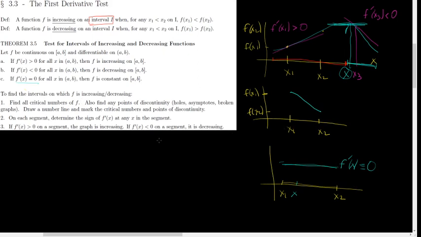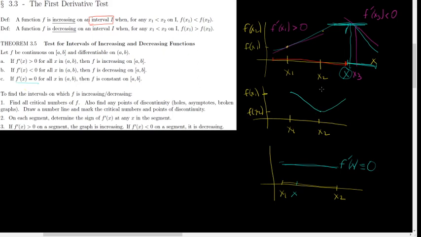So the next thing we want to do is figure out, well, where is the function increasing, where is it decreasing? And the way to do that is to essentially first find all the critical numbers, because the critical numbers are where it changes from, say, increasing to decreasing or decreasing to increasing.